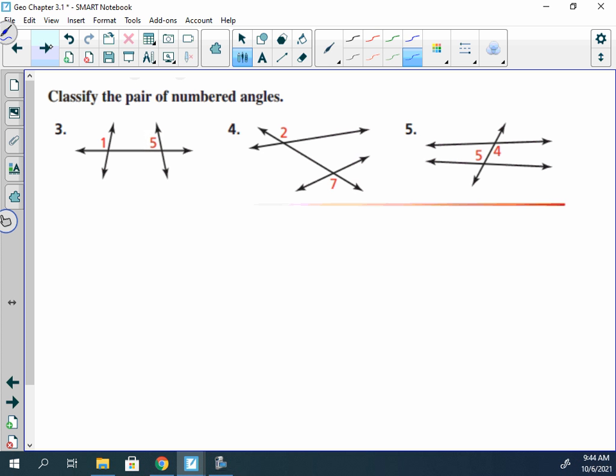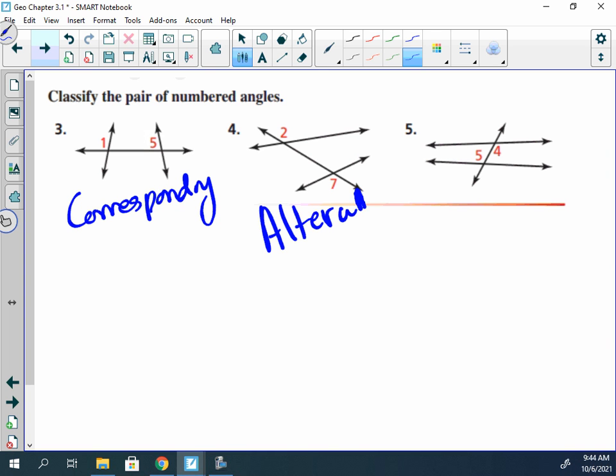First one would be corresponding. I think I forgot an N. Exterior, because again, corresponding, they're on the same side of the line and on the same side of the transversal.